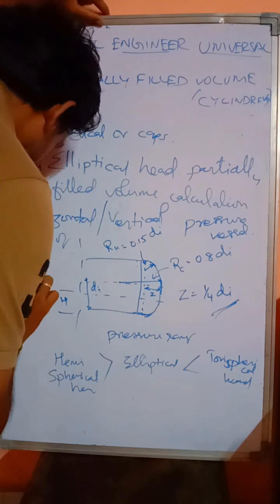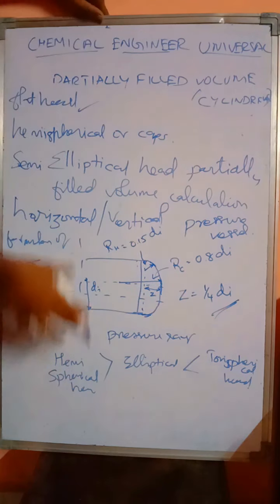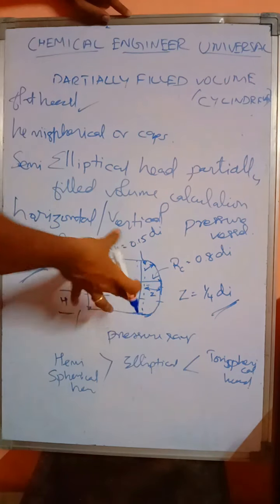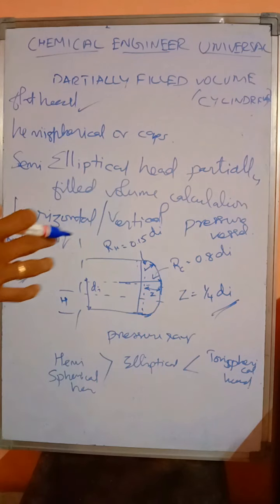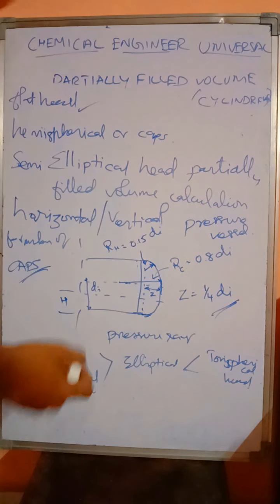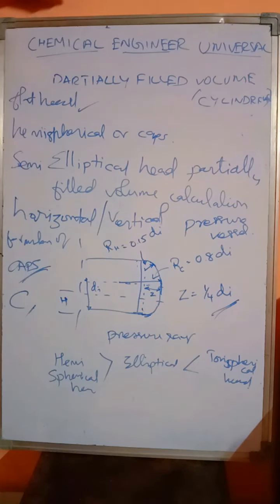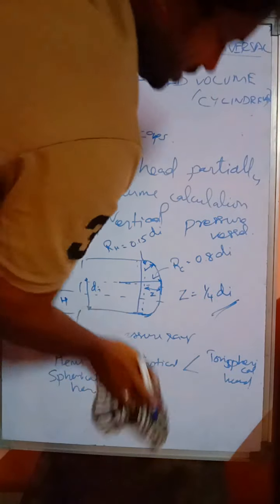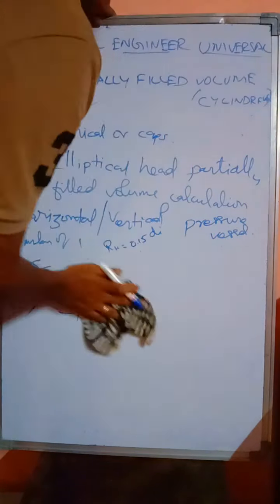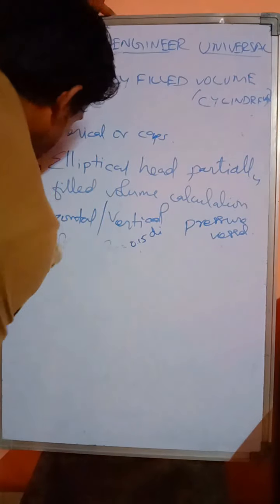The same formula will apply to the elliptical head also. But the only case is the constant changes. For the last case we have used constant of 1 as per ASME code, but for this case it slightly varies. I will tell you.